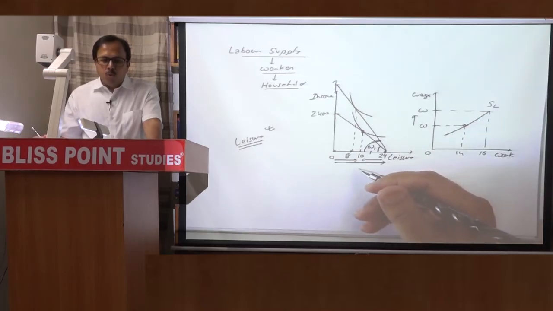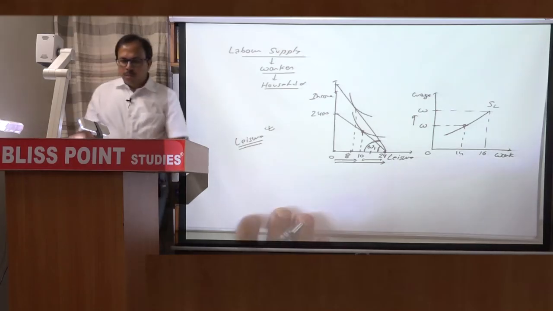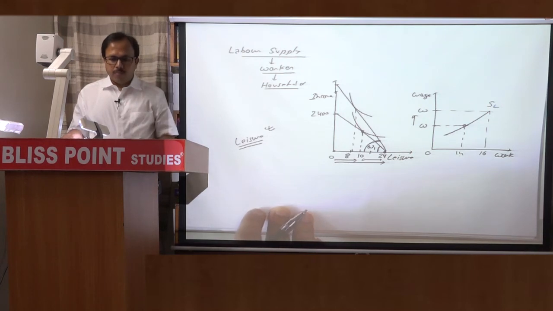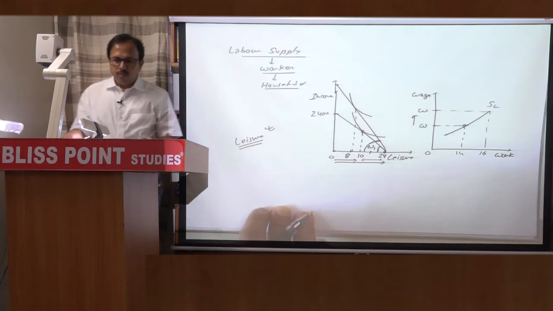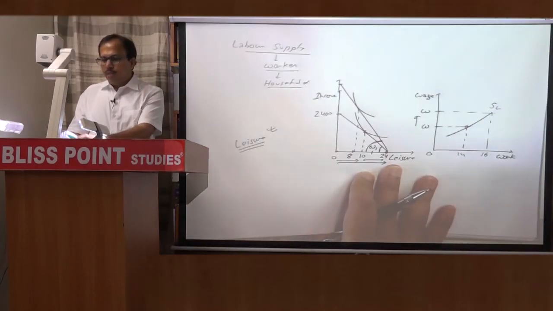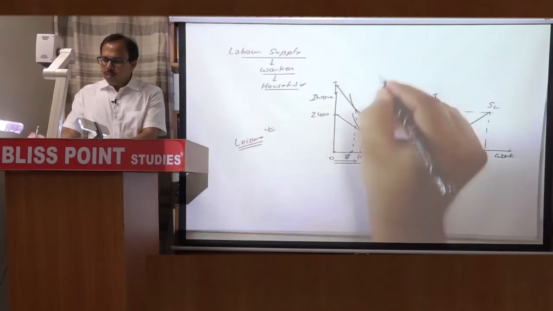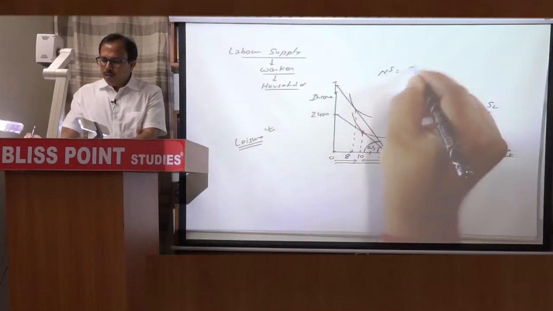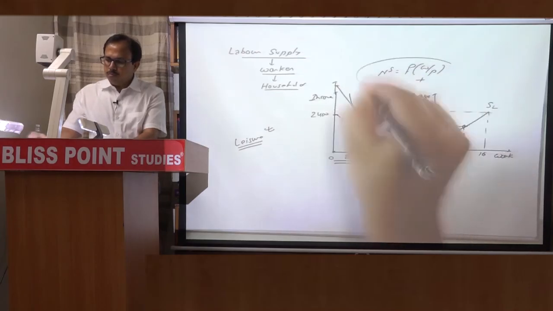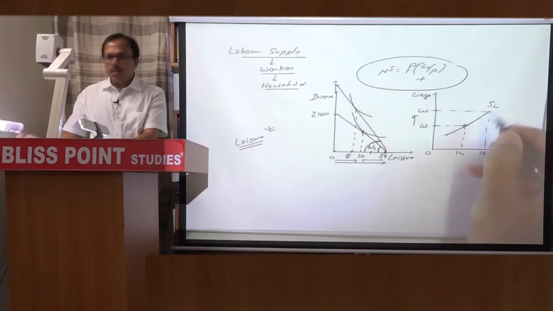Assuming that the substitution effect is dominating the income effect. So labor supply is a positive function of real wage. So it is a positive relation.